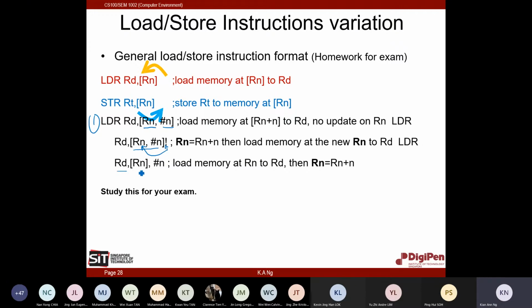Post-index addressing, followed by update to the source register. You may need to go through the slides by yourself in your own free time to see the difference. But these are the three different flavors of accessing memory using the load store command.